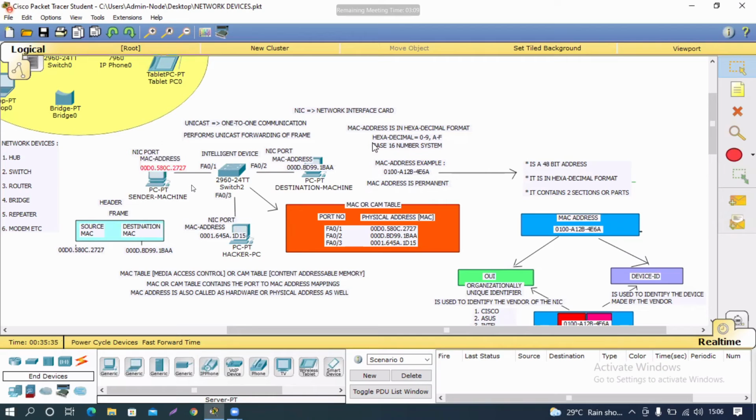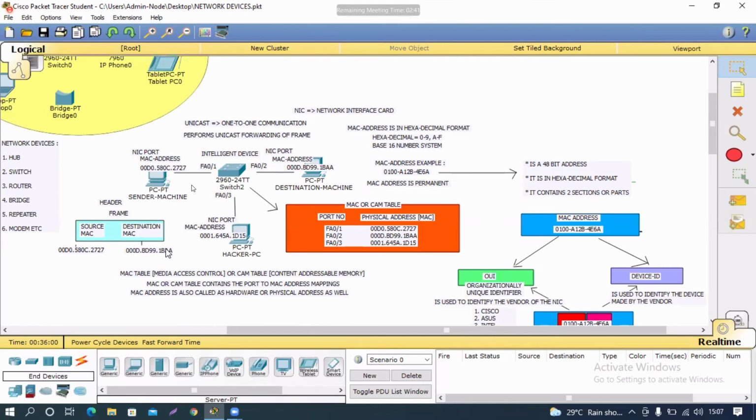It is written in which format? Hexadecimal, and hexadecimal numbers are 0 to 9 and A to F. It is also called the base 16 number system. So this is the MAC address of this machine. Can you see this same address over here?